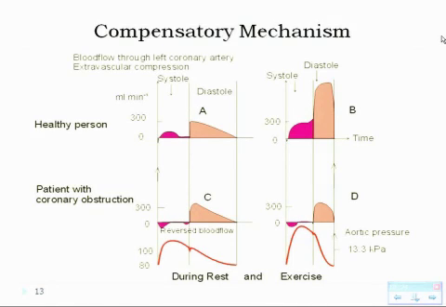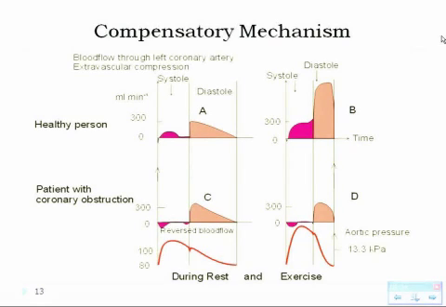If you look at the picture up here in B, you will see that the diastolic pressure increases tremendously in a healthy individual during exercise, and that is equivalent to what the balloon pump does. It drives the diastolic pressure up to increase your forward coronary blood flow.